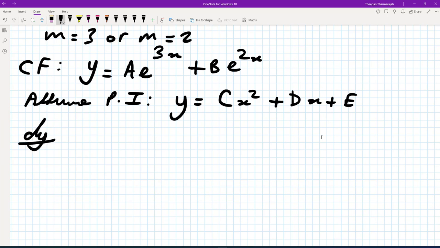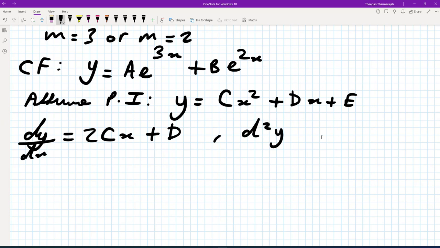Differentiating this, we get dy by dx, our first derivative, is 2cx plus d, and then the second derivative, d squared y by dx squared, is simply going to be 2c. So now what we need to do is substitute this into our differential equation.